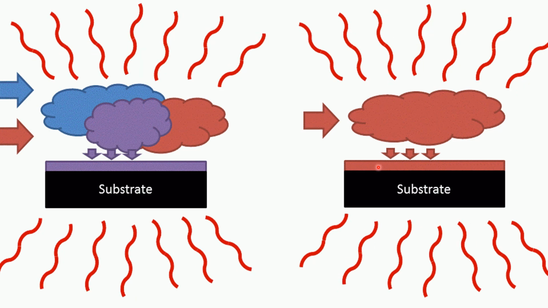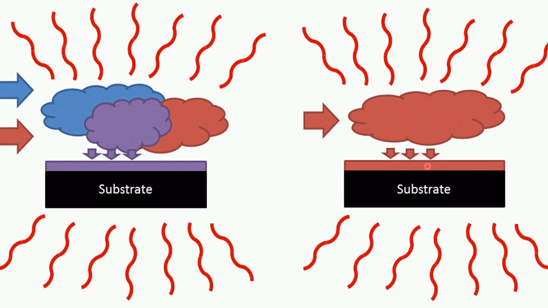After some time, if you introduce another precursor, you will get deposited a thin film of another material. In this way you can even deposit a multi-component thin film onto the surface of the substrate.